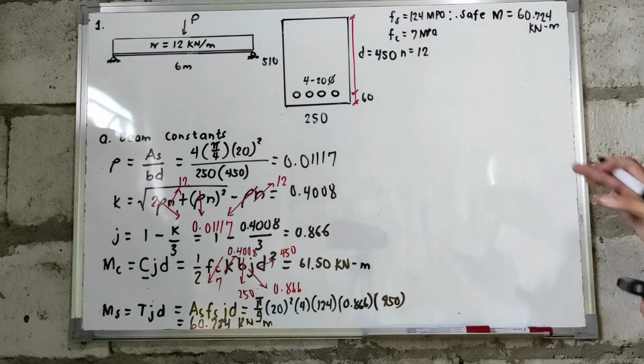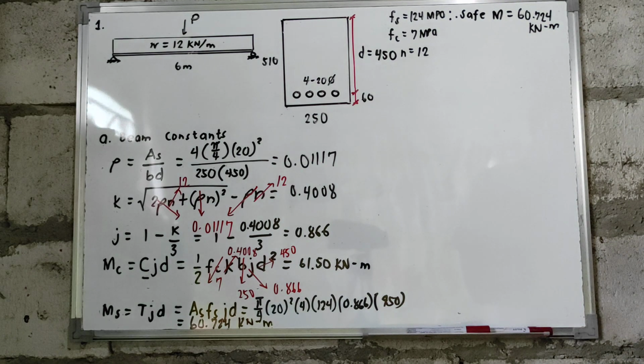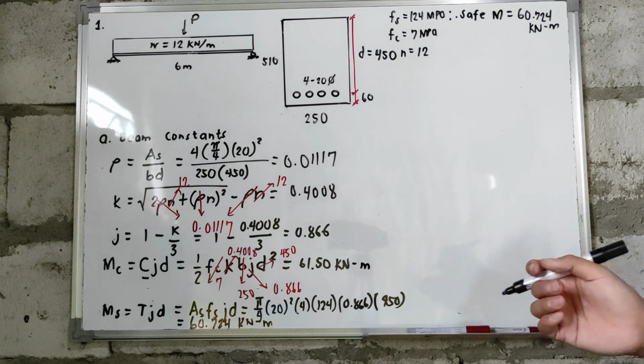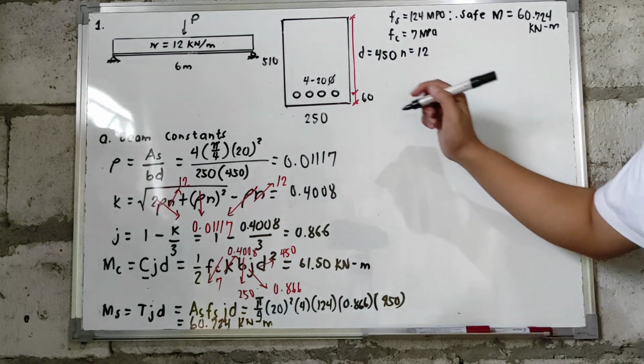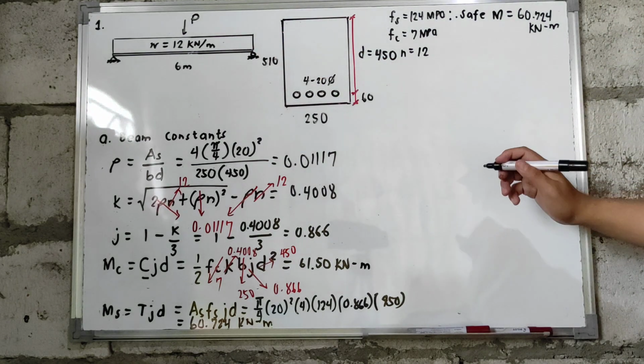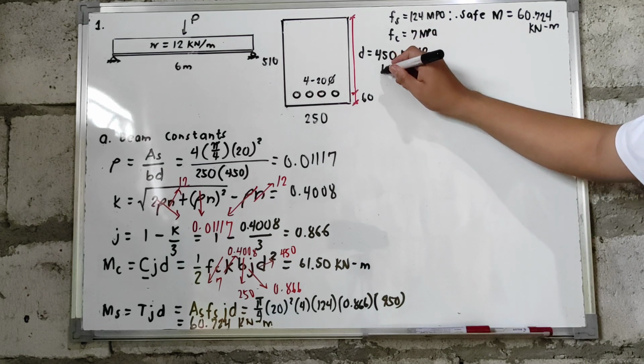So we have a resisting moment which is equal to 60.724 kilonewton meter. And for that, hanapin na ngayon natin yung value ng P natin. So let us consider first yung flexure natin.